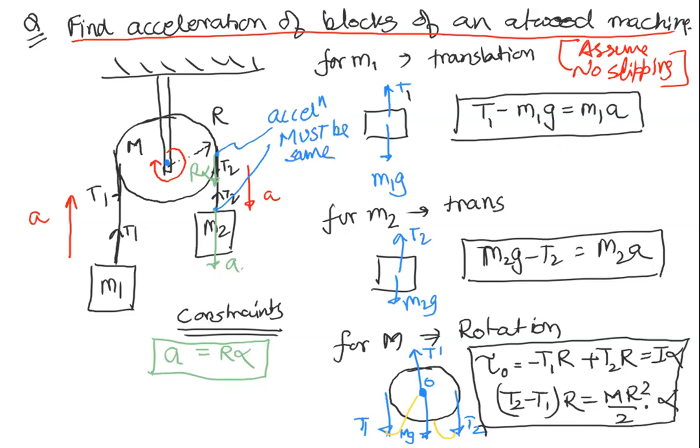At the end of the chapter, when we have finished the basic concepts, we'll talk about what happens when slipping occurs. Why is this? अगर slipping हो गई तो ये constraint follow नहीं होएगा. So this is only in case of no slipping. Okay.